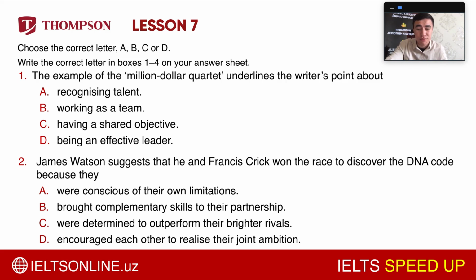Now, question number 2. In the second question, you can see James Watson suggests that he and Francis Crick won the race to discover the DNA code because they claim or they say that they won this race, so they discovered DNA code first because A, were conscious of their own limitations.